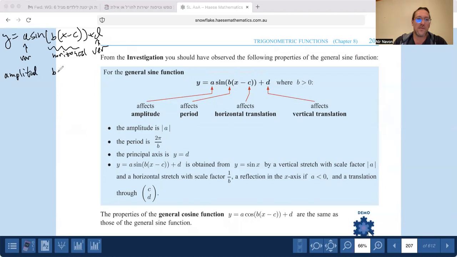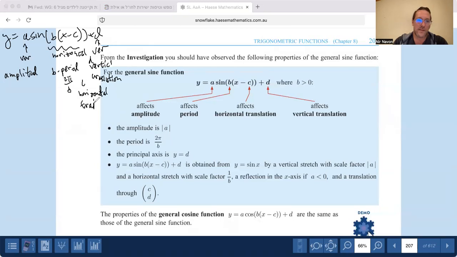The b would be for the period, where it is 2 pi over b, and the d would be the vertical translation, and the c is the horizontal translation. That's the d, the c is the horizontal.